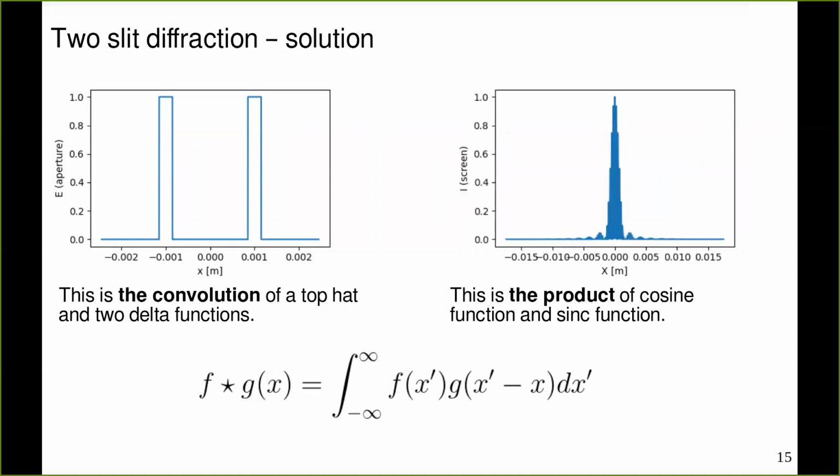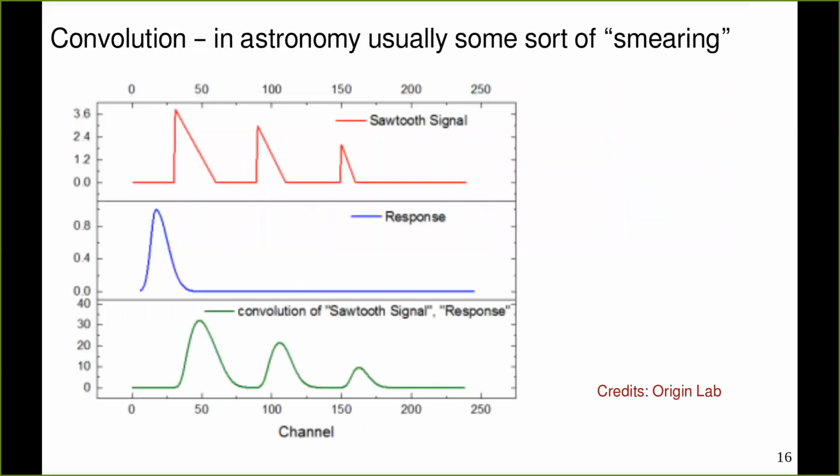And very often when we talk about convolution in the context of astrophysics, it performs some sort of smoothing on our data. So here you have a so-called sawtooth signal, which is very sharp, and you want to convolve it with this sort of kernel, as we usually call it.